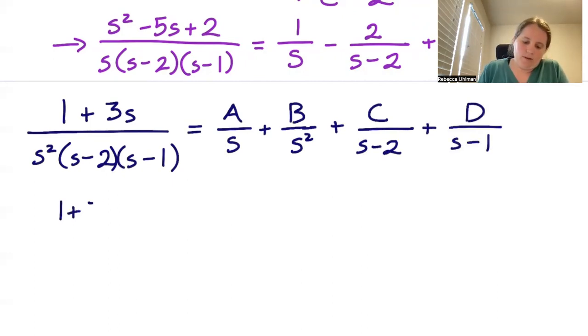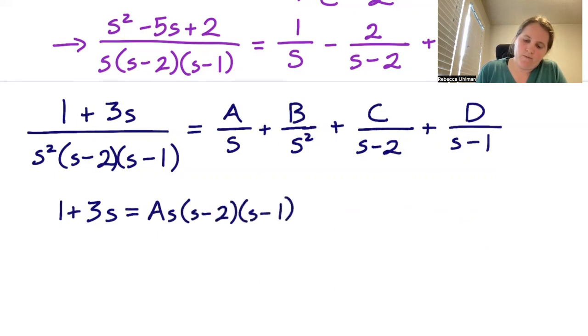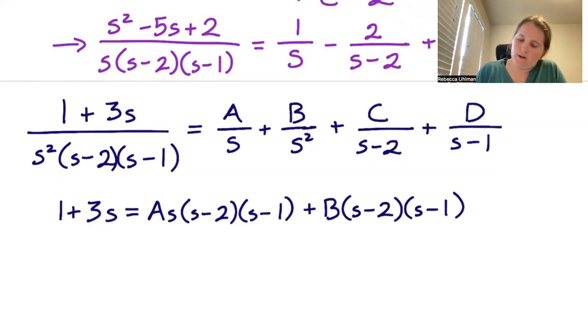So we have 1 plus 3s is equal to a times (s minus 2) times (s minus 1) plus b times (s minus 2) times (s minus 1) plus c times s squared times (s minus 1) plus d times s squared times (s minus 2).